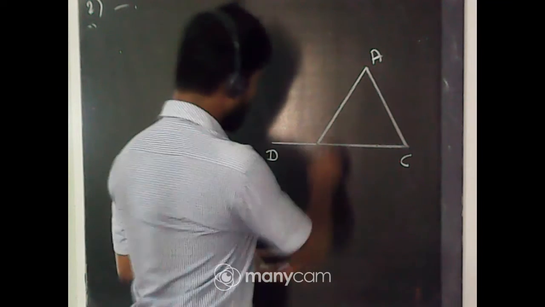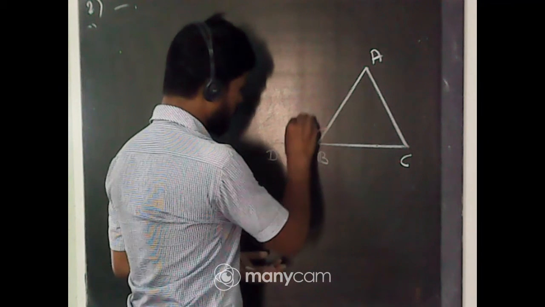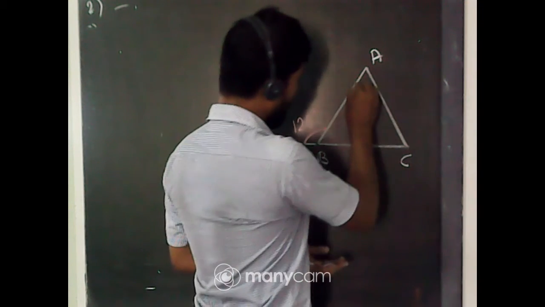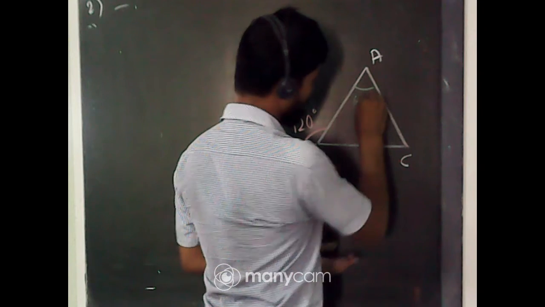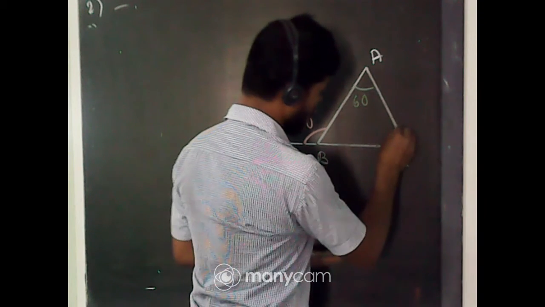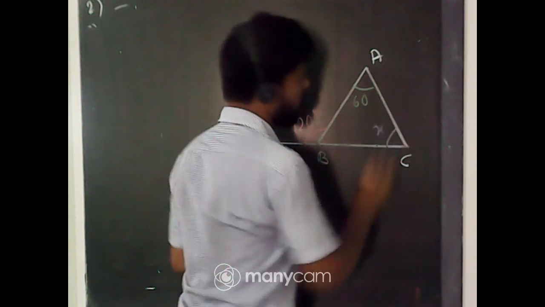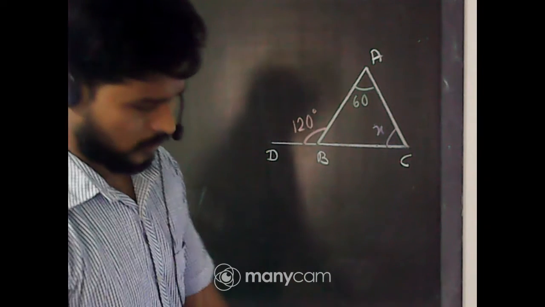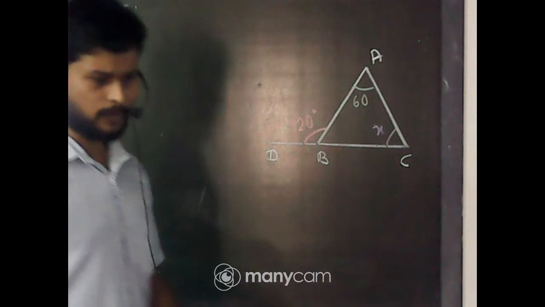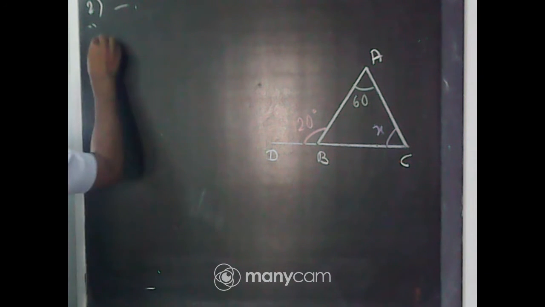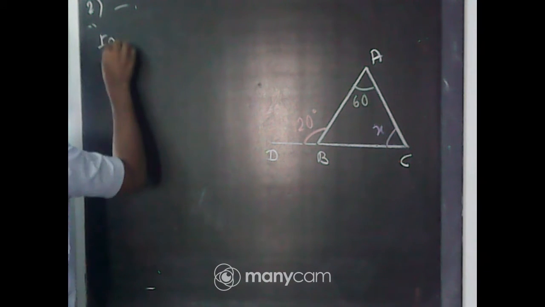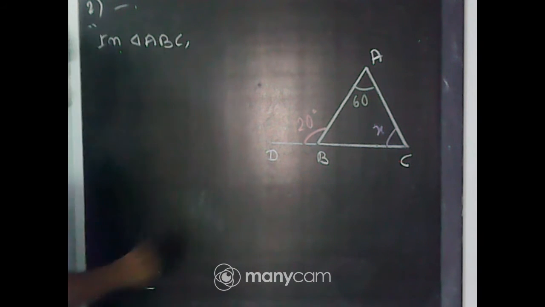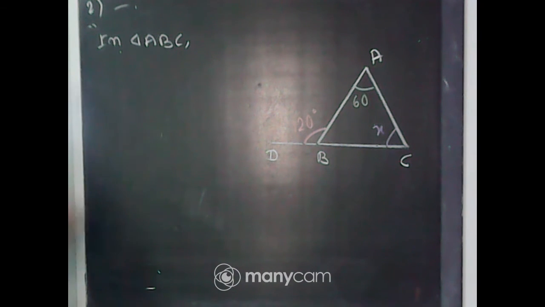Now put the given angles. The exterior angle is given as 120 degree. This angle is given as 60 degree. If this is x degree, we have to find this angle. So nothing to do, just apply the exterior angle property. In the triangle ABC, apply the exterior angle property.